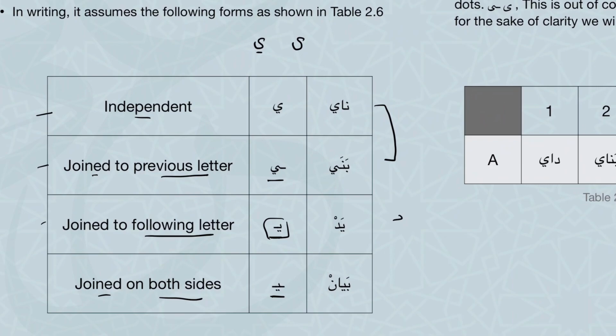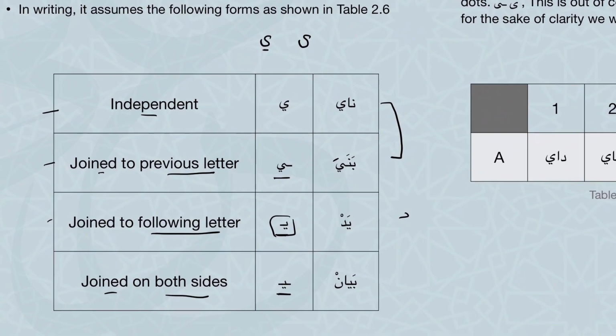Yahya is saying that if the ya had a fatha, it would sound like banaya. But in our example there is no fatha, so it's banai. شكرا جزيلا يحيى.